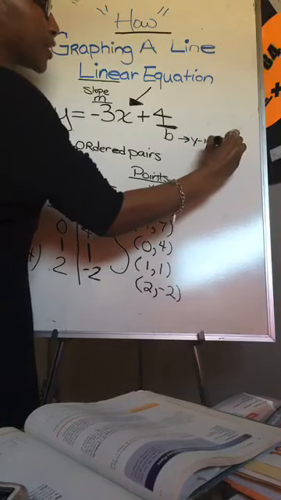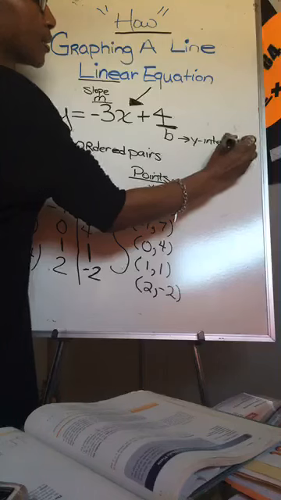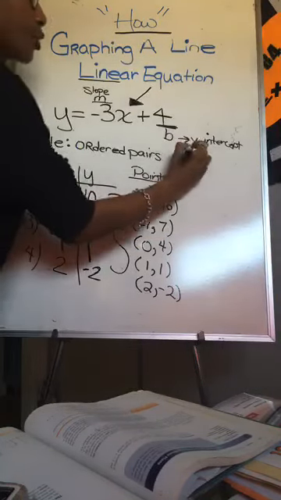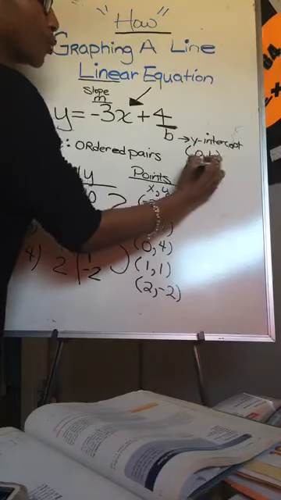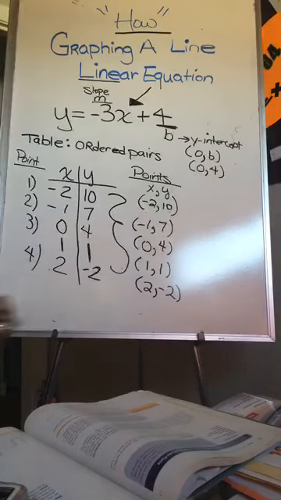That means it intercepts the y-axis, okay? And normally you'll see it written like an ordered pair as 0, B, which would be 0, 4.